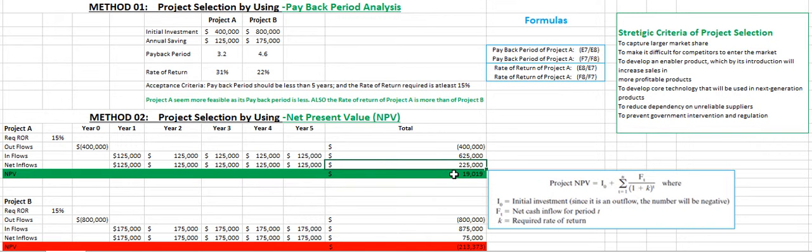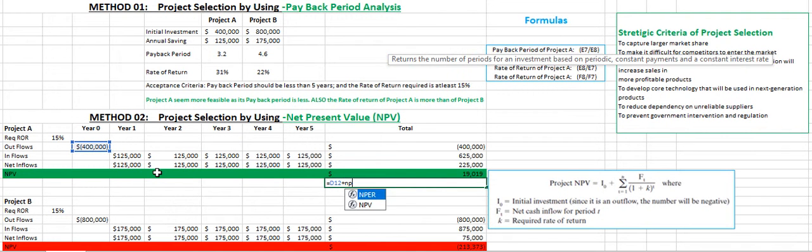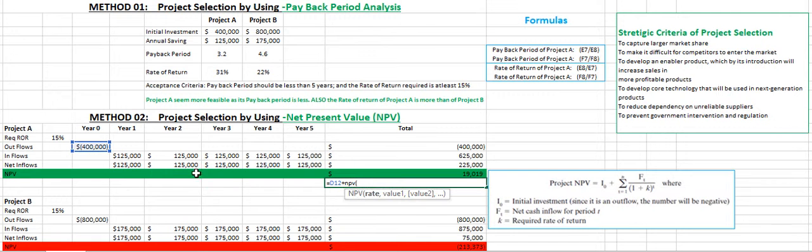Now you can also solve this in Excel. This formula is given in Excel also. If you want to calculate it in Excel, you can write the initial investment plus net present value, with a rate of 15%, then the values for years 1, 2, and so on, which are the net inflows.